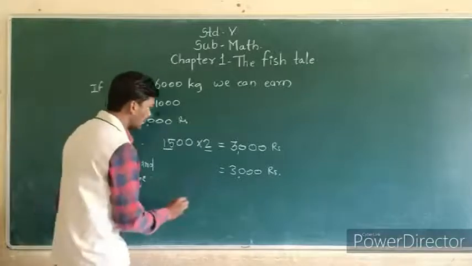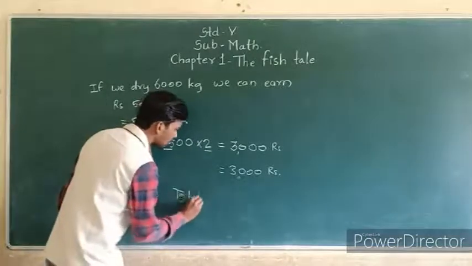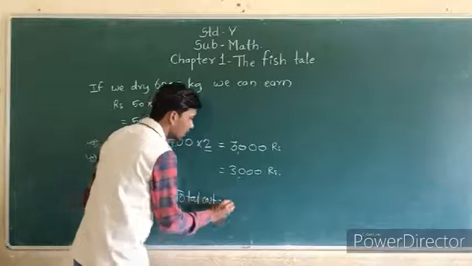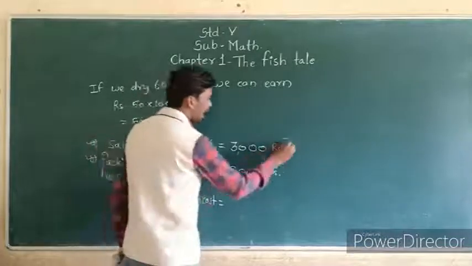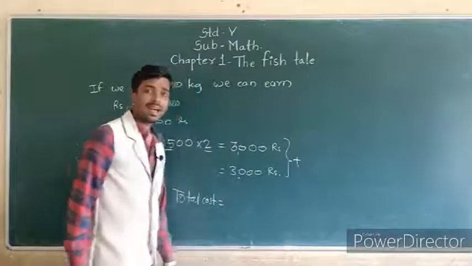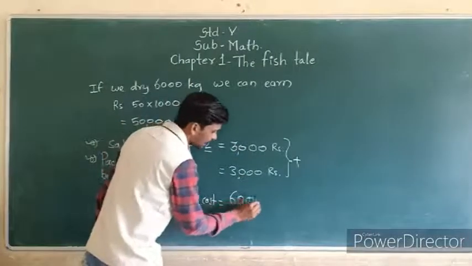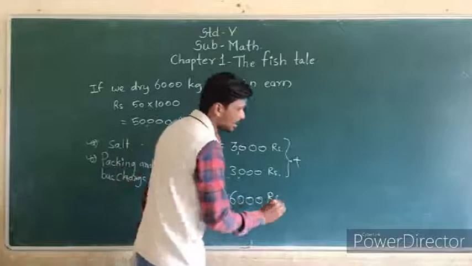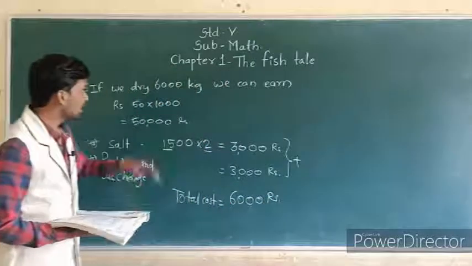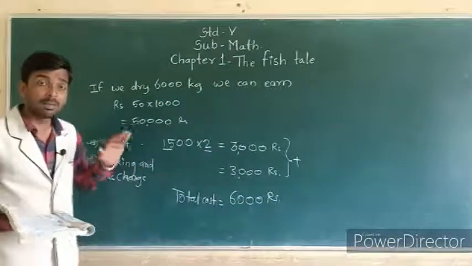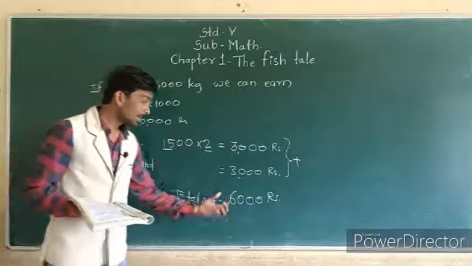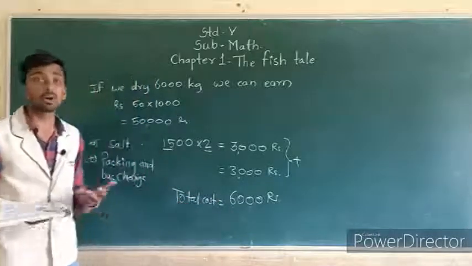So when we have to find the total cost, what do we do? We add these two. Means 3,000 plus 3,000 is 6,000 rupees. They earn 50,000, but monthly they pay 6,000 rupees. Why?